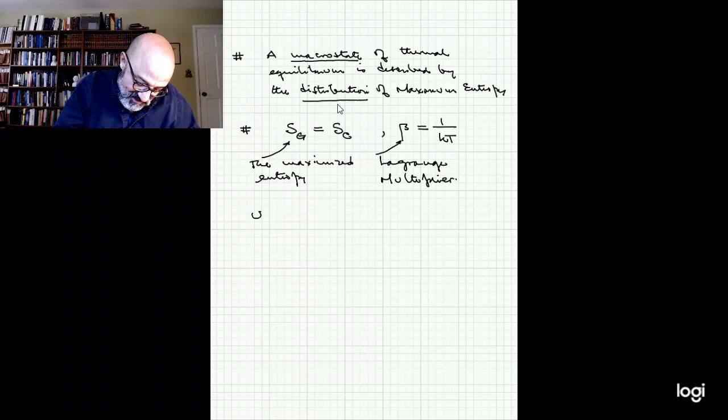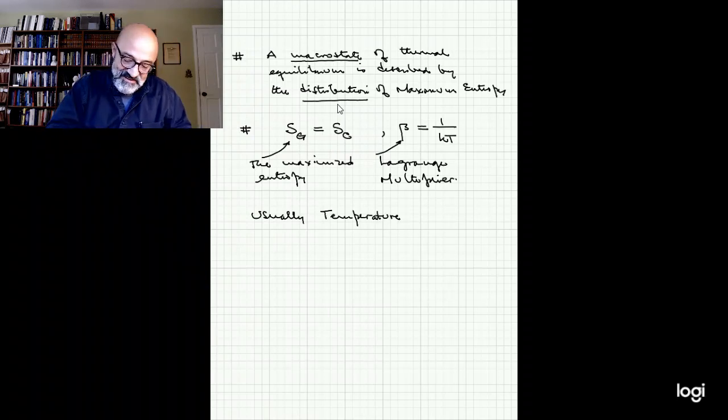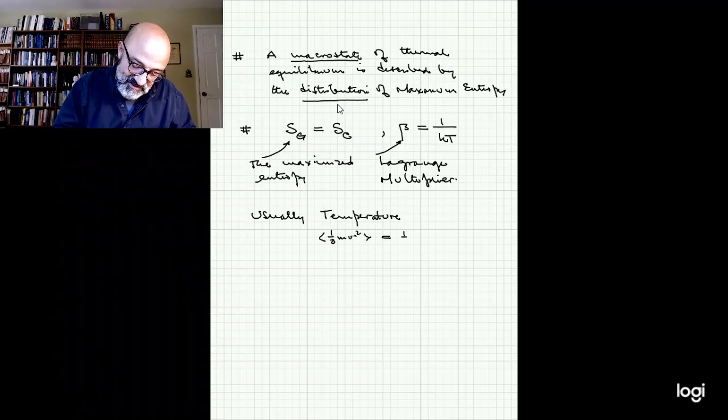Usually, temperature is explained or defined in terms of the expected kinetic energy of a molecule, right? In 3 dimensions, 3/2 kT.